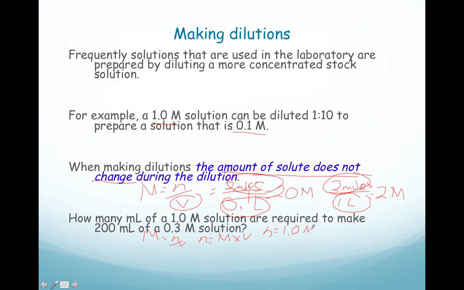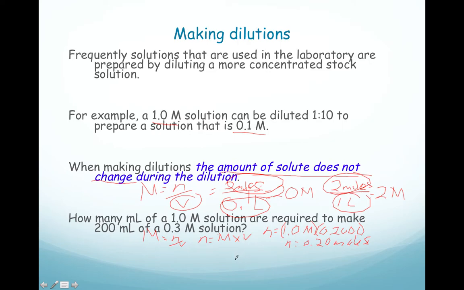1.0 molar times my volume, which has got to be in liters in this case, which is 0.200 liters. 1 times 0.2 is n equals 0.20 moles. And I want to know how many milliliters are required to make a 0.3 molar solution.